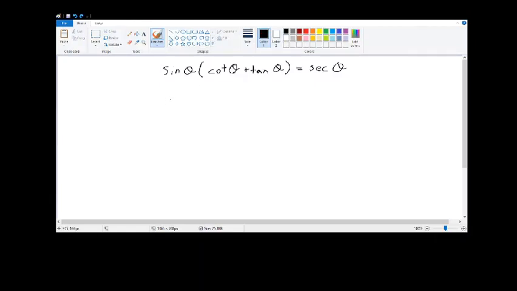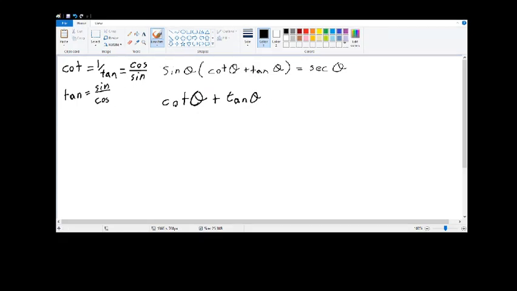So first things first is that if we're looking at cotangent theta plus tangent theta, then we should remember what each of these represent, where cotangent is the inverse of tangent, and that tangent is sine over cosine, which means if we invert tangent, we'll be getting the reciprocal, meaning that cotangent is equal to cosine over sine as well.